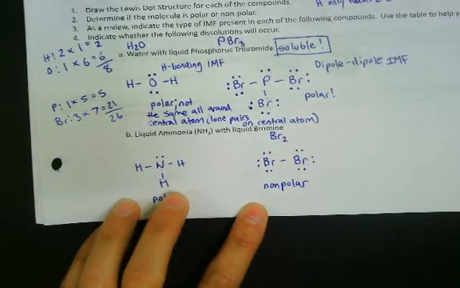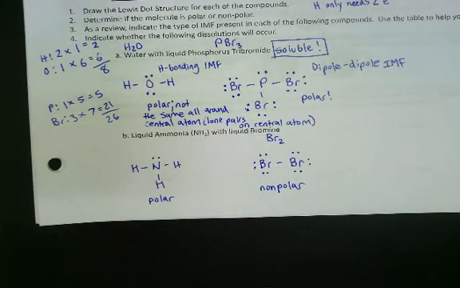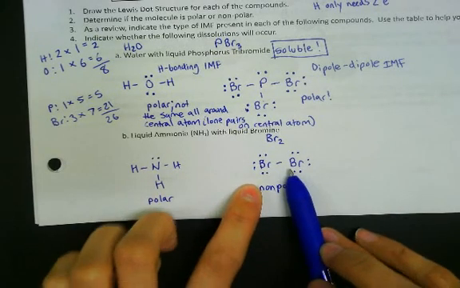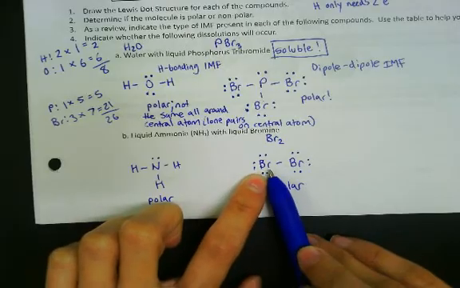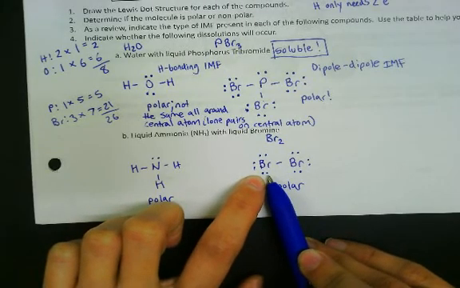This is nonpolar. So this is a case where it's fairly reliable for you to look at the symmetry of the molecule. In this specific case, you have a bromine bonded to another bromine. So they both have the same electronegativity.